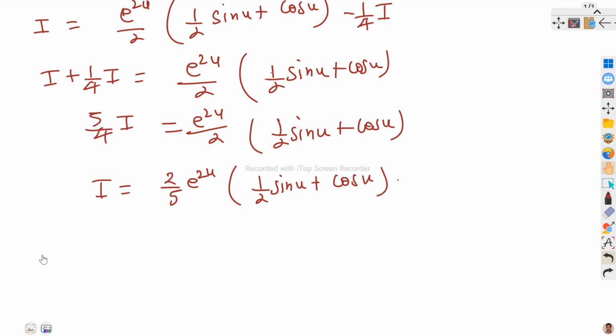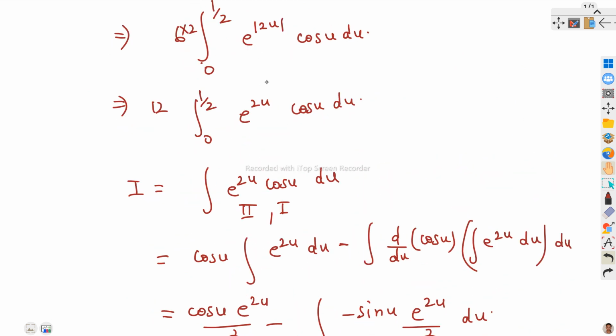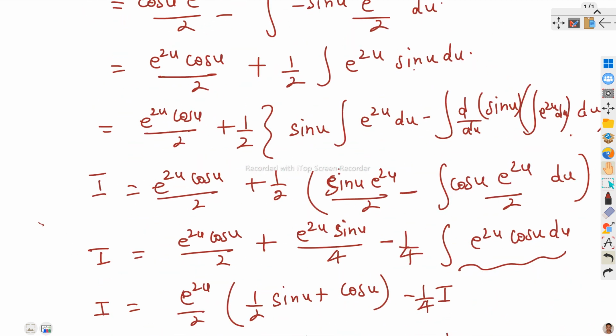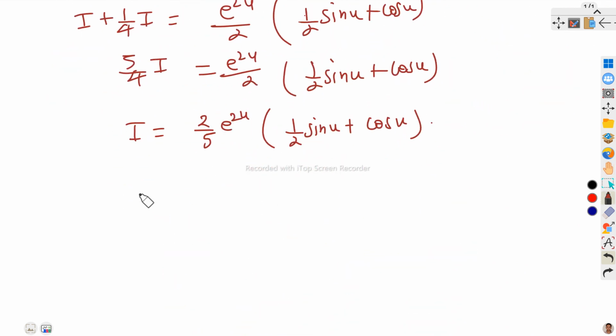Again we have to find the value of this integral, so we have the indefinite integration and we have to put in the limits of the function. So we have 12 times the integral from 0 to 1 upon 2 of e raised to power 2u cos u du.